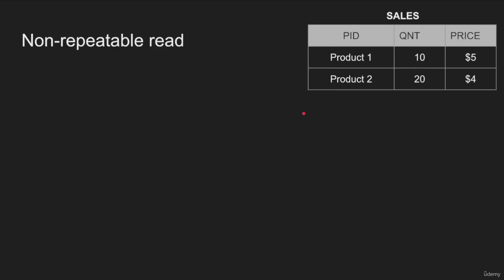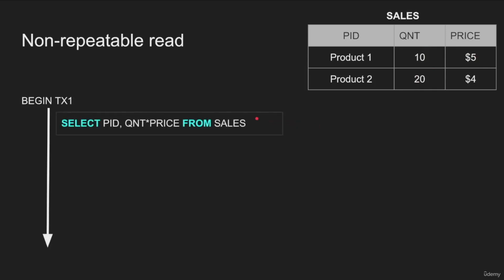So let's talk about non-repeatable read here. Same configuration here, product 1 with 10 at $5 and product 2 with 20 at $4, and then we're going to begin a transaction. Now we're going to select the same exact thing. We're going to get product 1, 50, product 2, 80. So what is a non-repeatable read here? Another transaction begins, but look at that, the arrow is shorter. I made the arrow shorter. Why?